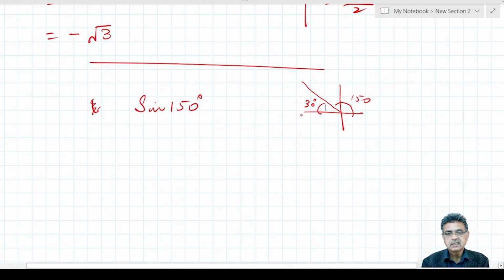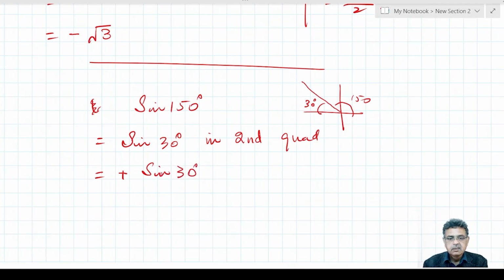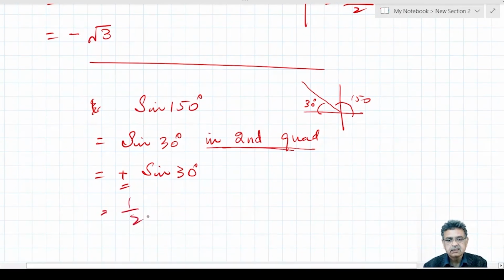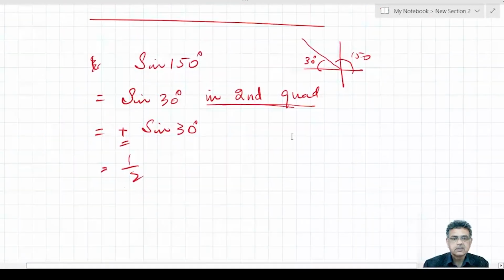So sine 150 is equal to sine 30 degrees in the second quadrant. What is sine in the second quadrant? That is positive sine 30 degrees. Once we use this sign, negative or positive, there is no need to write in which quadrant it lies. So sine 30, its value with reference to the same figure, is 1 upon 2.